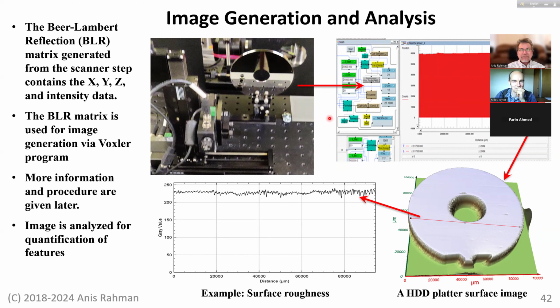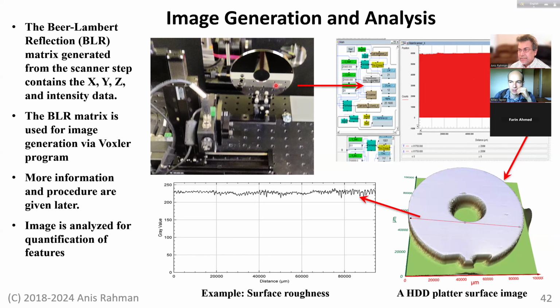It's actually the platter of a hard disk drive. Oh. You see this donut? So this would be silicon then. I'm sorry? This disk is silicon. No, this hard disk platter is not silicon, by the way.